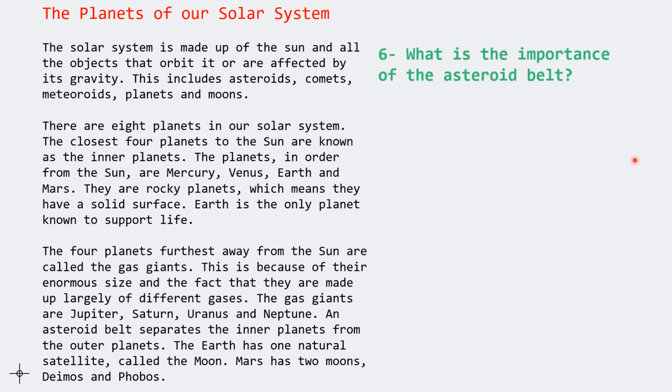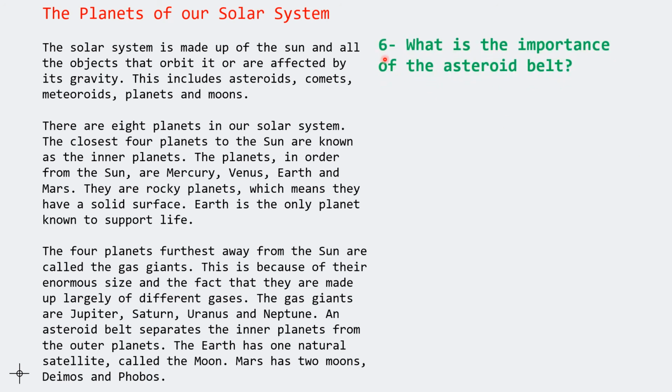Now, the planets and our solar system, question number 6. What is the importance of the asteroid belt? The asteroid belt is mentioned here in paragraph 3. So the keyword is the asteroid belt, and you have to remember quickly and find in which paragraph we can find this keyword.